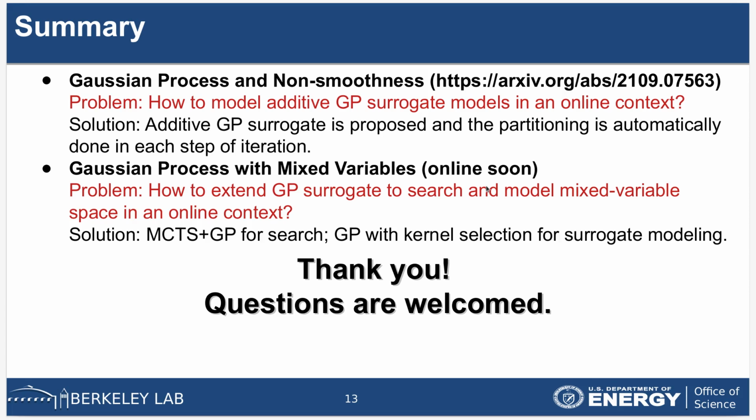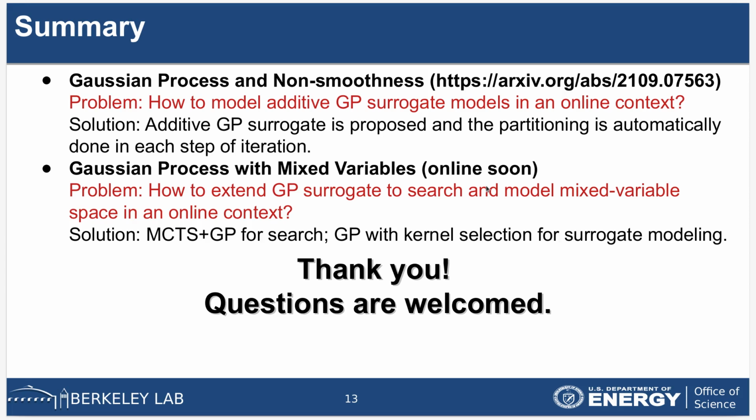The second problem we're treating is the Gaussian process with mixed types of variables. The main problem is how to extend the GP surrogate to search and model mixed variable space in an online context, meaning you can draw sequential samples from the black box function and model it. Our solution is to propose such a hybrid model with the Monte Carlo tree search part and the Gaussian process part.